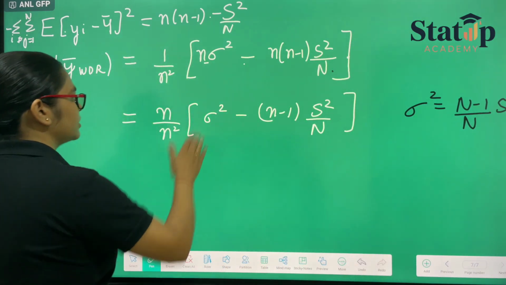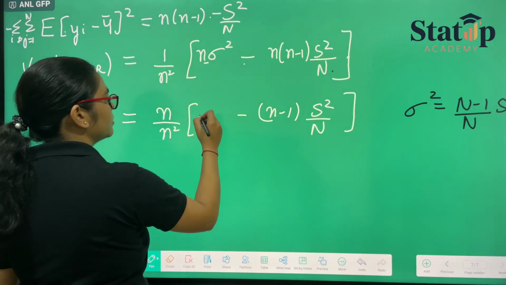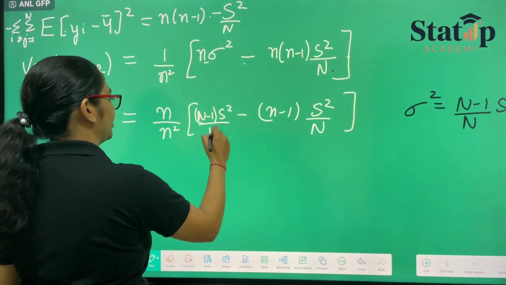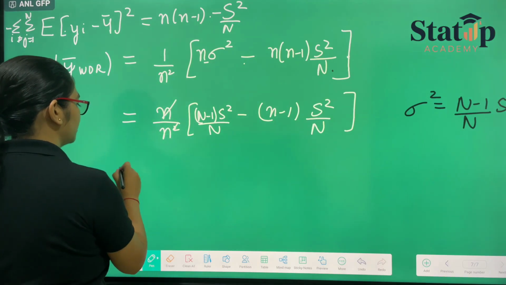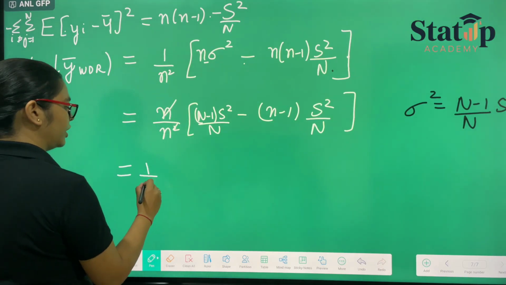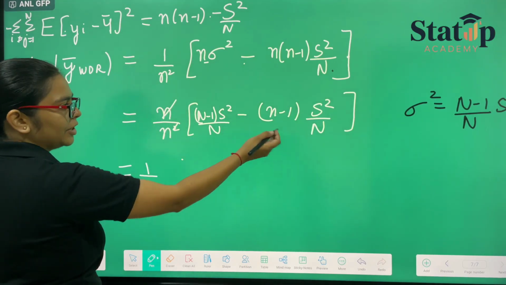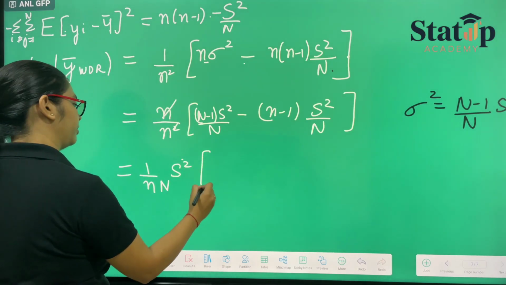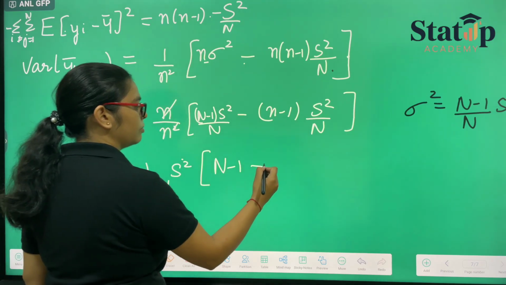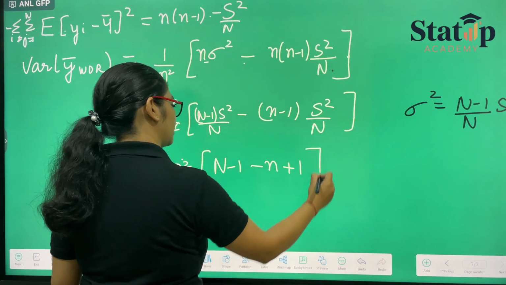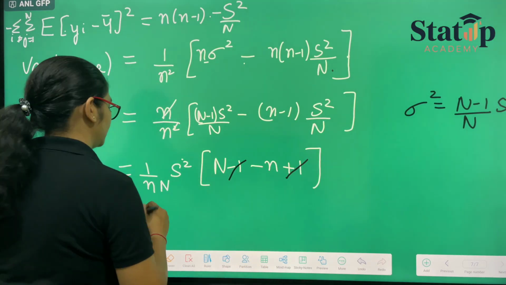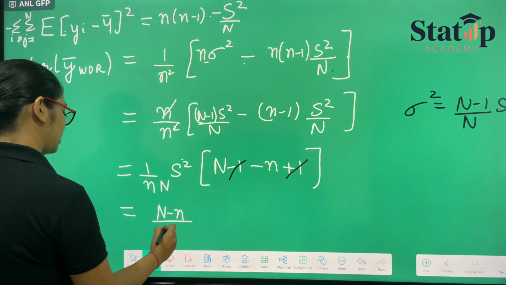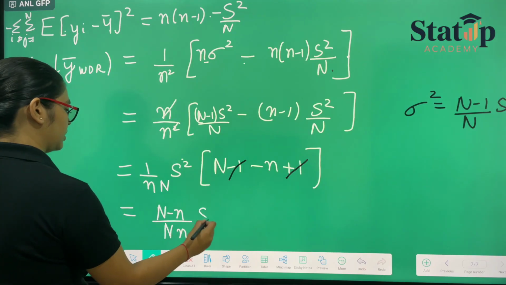So substituting this here only, we can write (n minus 1) S square upon capital N. One n gets cancelled, so we are left with 1 upon n. Capital N can also be taken common, and S square can also be taken common. We are left with N minus 1 minus n plus 1. Minus 1 plus 1 gets cancelled, and we are left with N minus small n, S square.